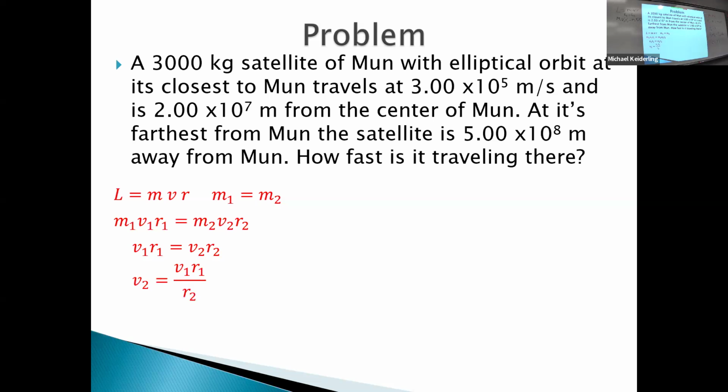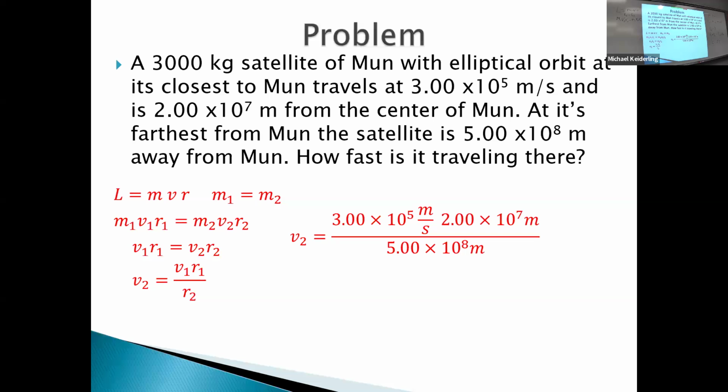So velocity two is going to be velocity one times radius one over radius two. That's 3 times 10 to the 5th, times 2 times 10 to the 7th, divided by 5 times 10 to the 8th. The mass cancels out. If you wanted to include the mass, it'd be on both the top and the bottom.